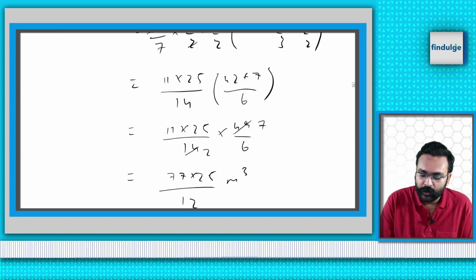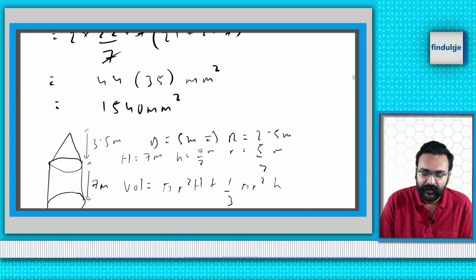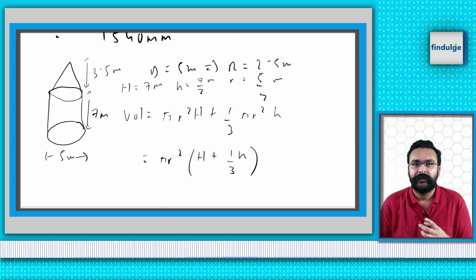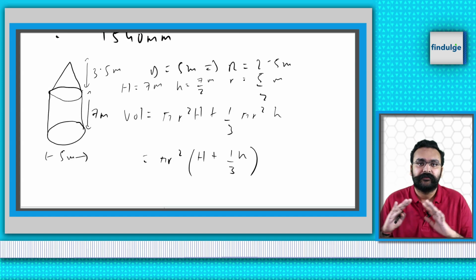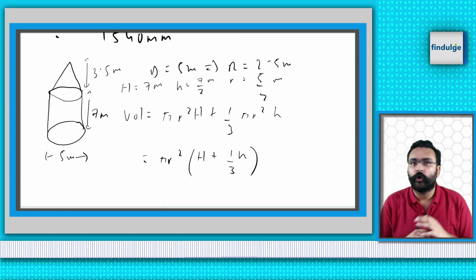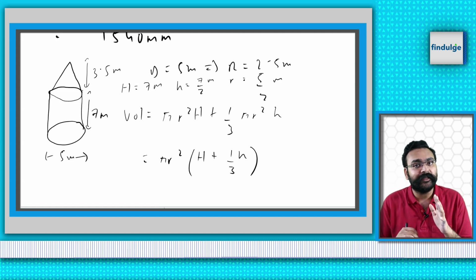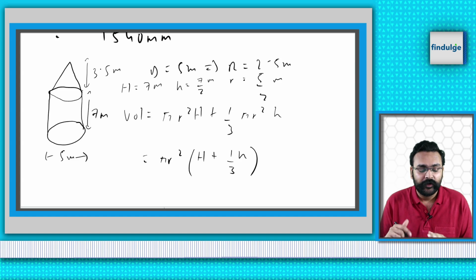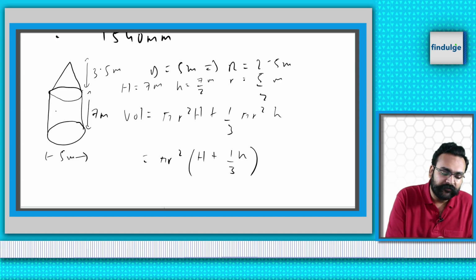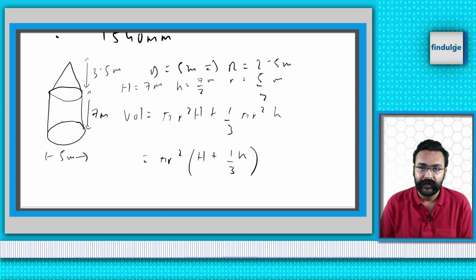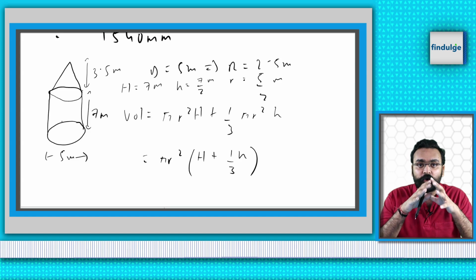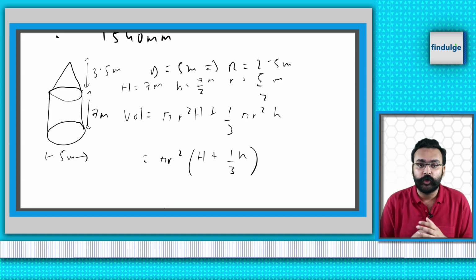Now again, logically if you think about it, if I am making a tent needs walls surrounding it and it needs a covering on top. It does not need any floor, which means the areas I have to consider are the curved part of the cylinder and the curved part of the cone, because the entire cone acts as the top, not the base of the cone.